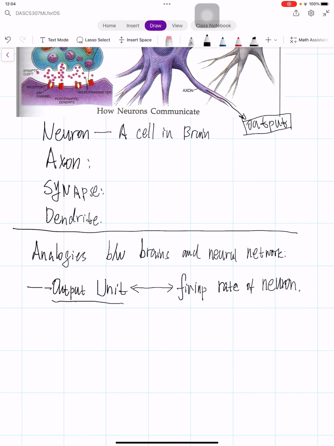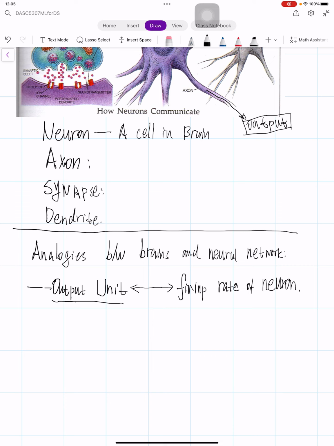The output of a neuron is not signified by voltage like the output of a transistor. It is the frequency at which it fires spikes. Some neurons can fire nearly 1,000 times a second, which you might think of as a strong output.